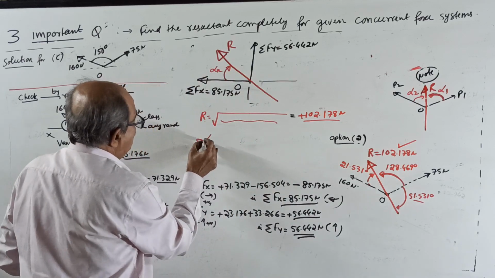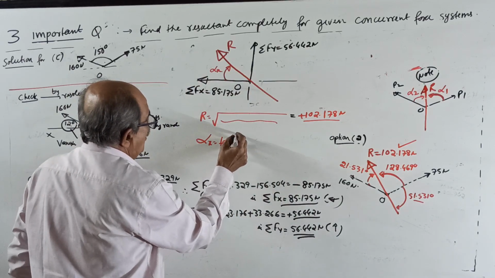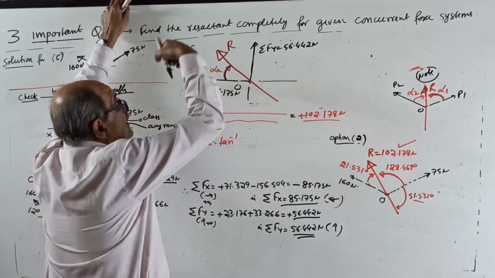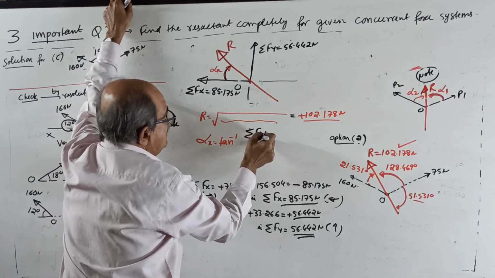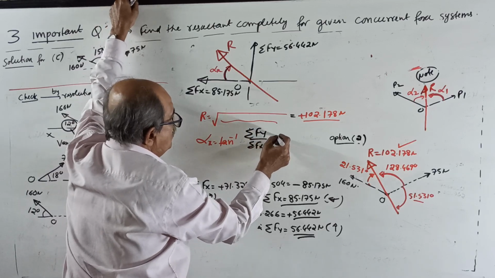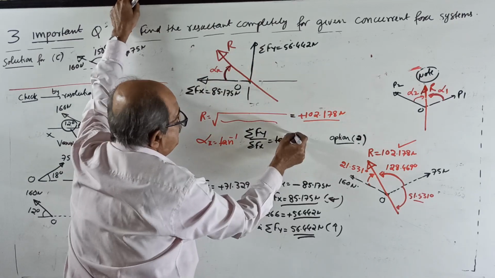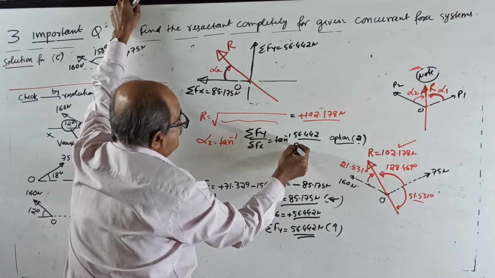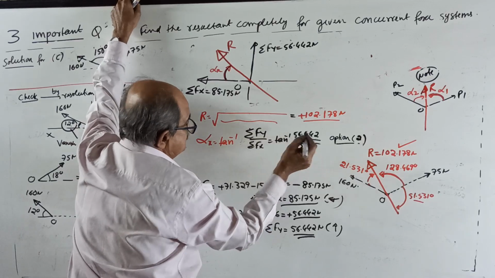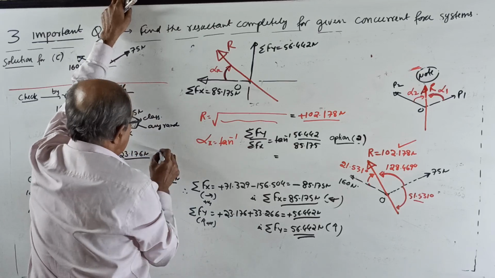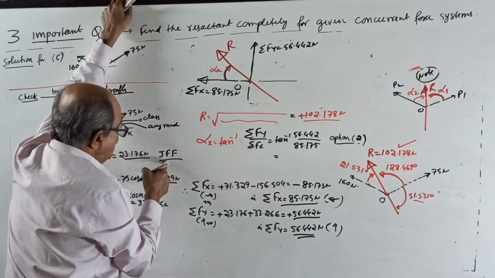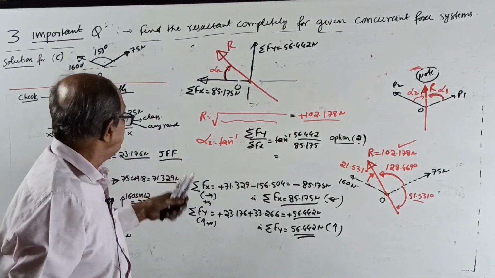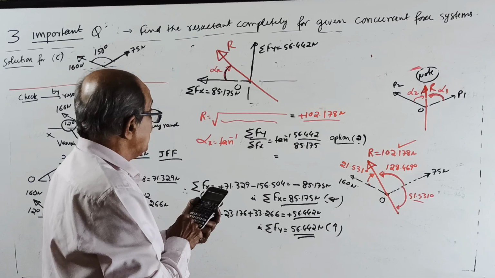Then alpha x is tan inverse of, see, when you want this alpha angle, tan is other side first. Sigma Fy by sigma Fx, this is important, equal to tan inverse of 56.442 divided by 85.175. This you have to calculate.